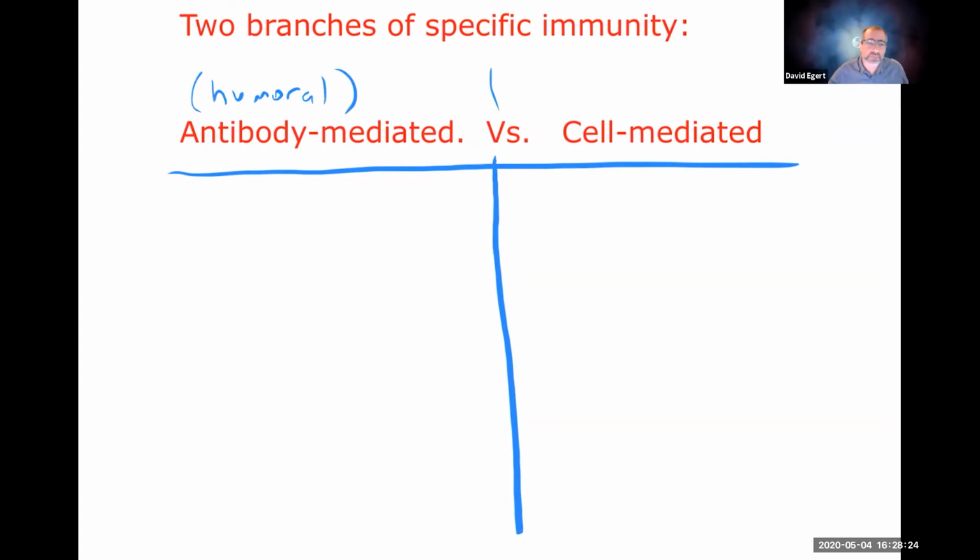So let's talk about how these are different from each other. Just from their name, antibody mediated versus cell mediated, that's referring to the primary mode of destroying the target. Here, antibodies are used to destroy the target.